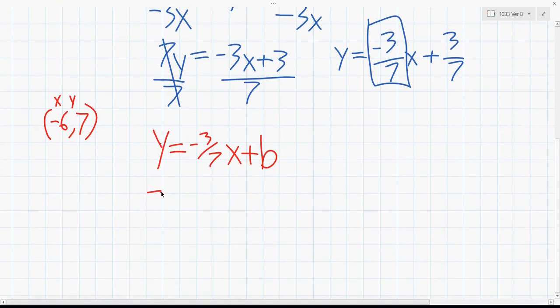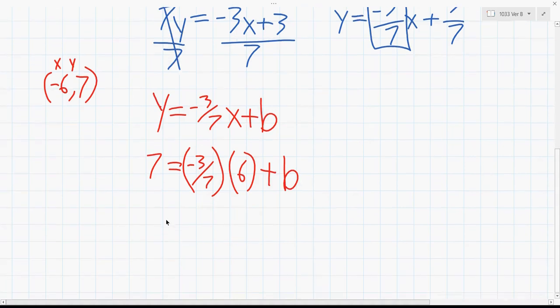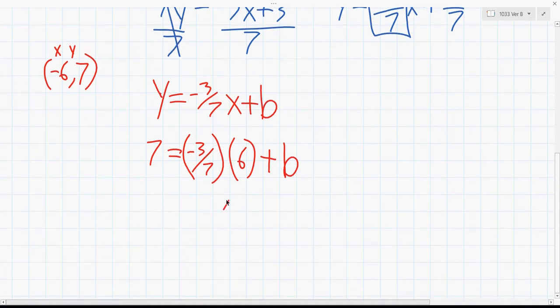So we're going to say that 7 equals -3 divided by 7 times -6, plus b. I'm going to try and get this math done real quick. Okay, you want to beat me to it on the calculator?